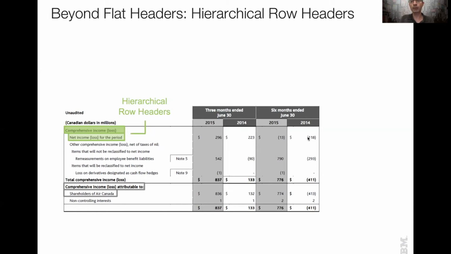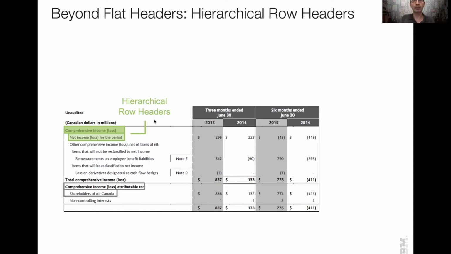Now, arguably, the column header hierarchies are pretty straightforward to recognize because they are implied by the structure of the table. If a column header appears under another column header, then it is conceptually nested within it.